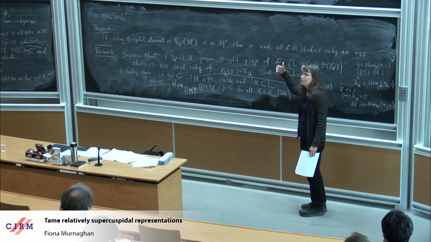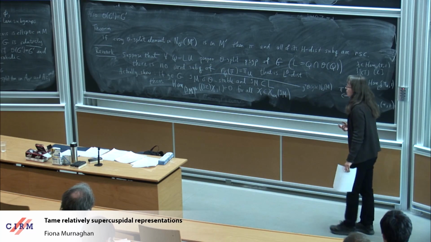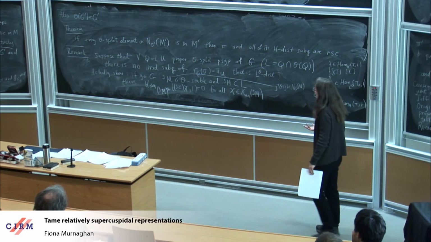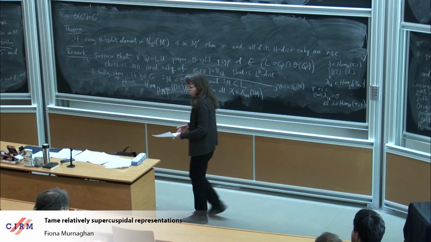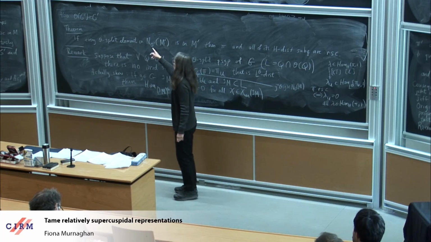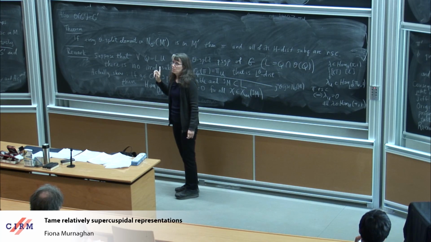So you can construct a lot of relatively supercuspidal representations using this criterion. But we actually want something general. We want something that's as general as it possibly could be. So what's happening here is you're basically ruling out the complications with theta split parabolic subgroups inside G primed by imposing this condition.